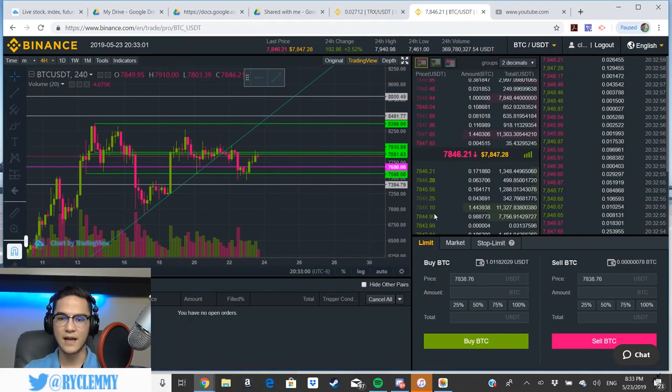Now, on the opposite side, you have the bid orders. That's going to be your green ones. This is the price at which people are attempting to buy Bitcoin. For example, right here, you can see that a group of people are trying to buy about $1,300 or 0.17 Bitcoin at this price of $7,846.21.